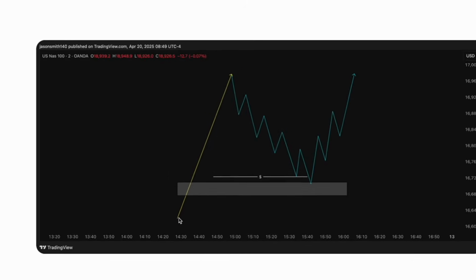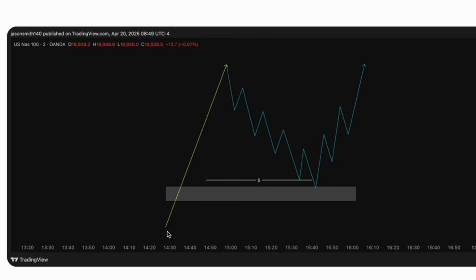Same in this example, if this yellow line is your higher time frame trend, so we have our lows and our highs, and inside of this is going to be internal liquidity. Now on this move up, price will go up, down, and then liquidity will be created. Now we're waiting for the retracement for the continuation, but before we can enter on that continuation, we need price to enter a higher time frame POI, point of interest.